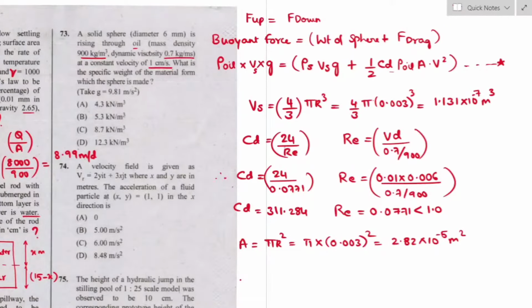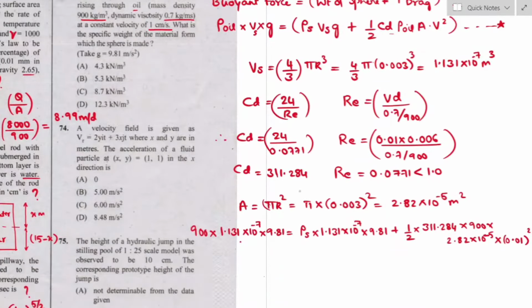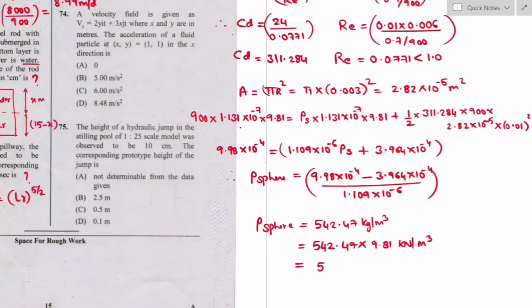On substituting all these values in the equation and solving, you will get 9.98 into 10 to the power of minus 4, which is equal to 1.109 into 10 to the power of minus 6 into density of the sphere plus 3.964 into 10 to the power of minus 4, which is equal to 5.32 kilonewton per meter cube.